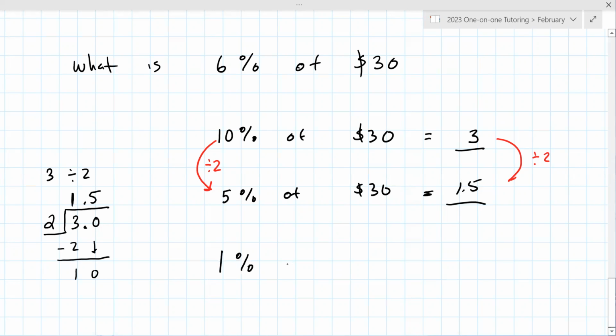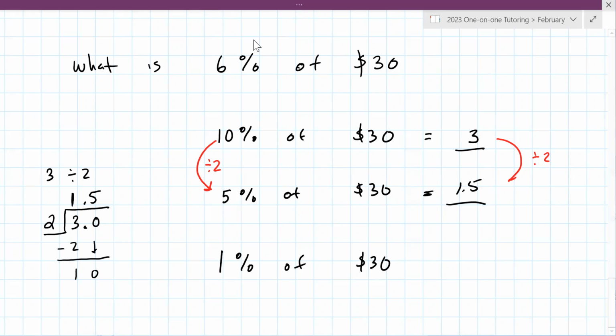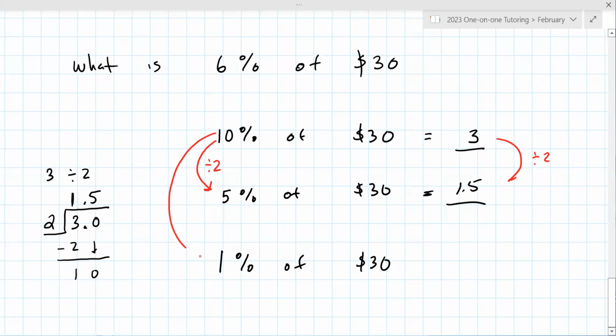So what is 1% of 30? You have a choice. You can either go from 5% or 10%. I think it's better to go from 10%. How do you go from 10 to 1? What do you divide by? 10 to 1, you divide by 10.